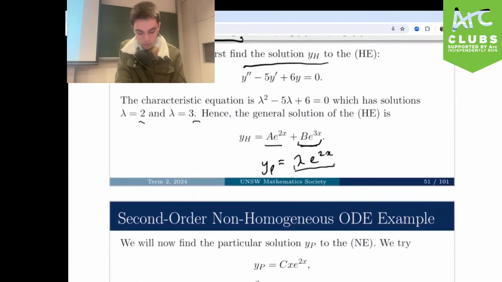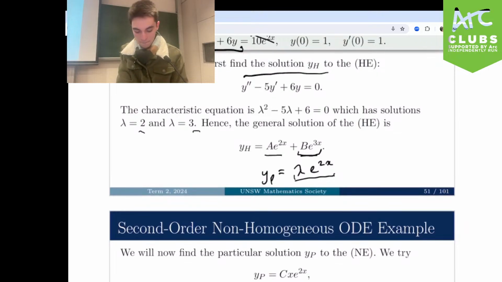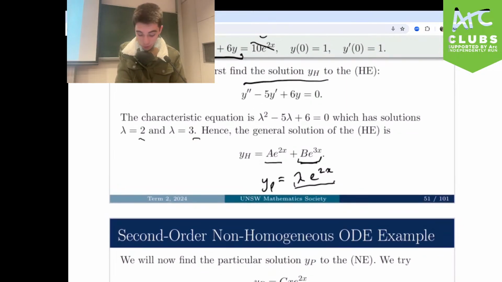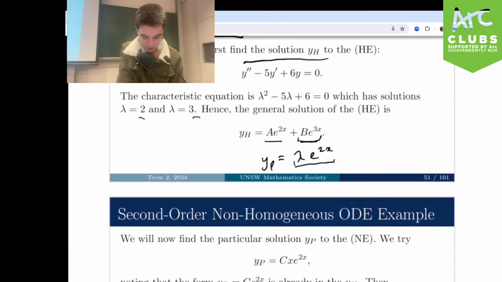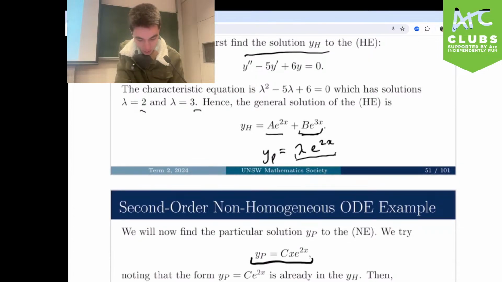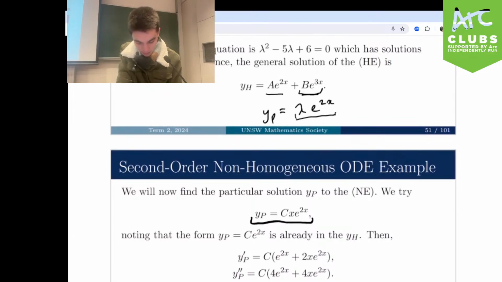And the trick that we apply whenever our particular solution doesn't work is we just multiply by x, okay? I can't really explain why we do this, but it works. And we can see that when we try this new particular solution, we can actually solve for what c has to be, okay?